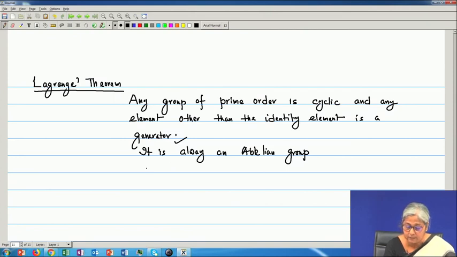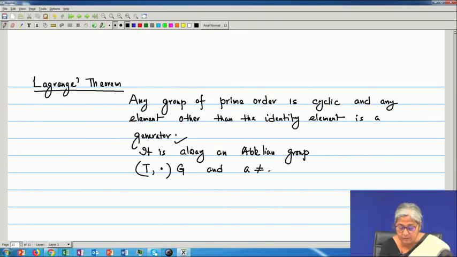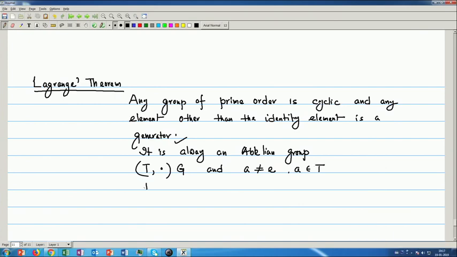So, I can write that if (T, dot) is a group and a is not equal to the identity, and a belongs to T, then a is the generator of the group.